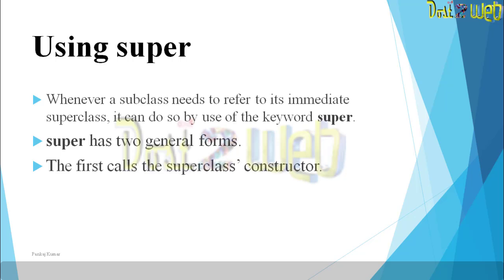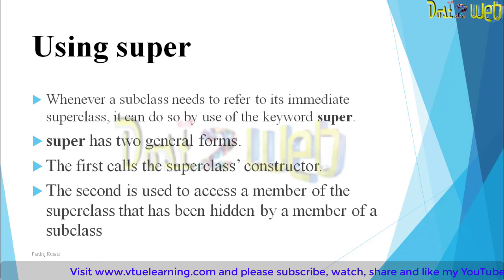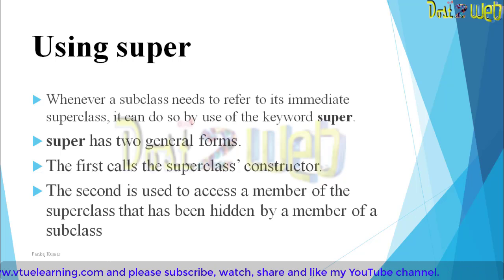The first is a call to the superclass constructor. The second is used to access a member of the superclass that is hidden by a member of the subclass.